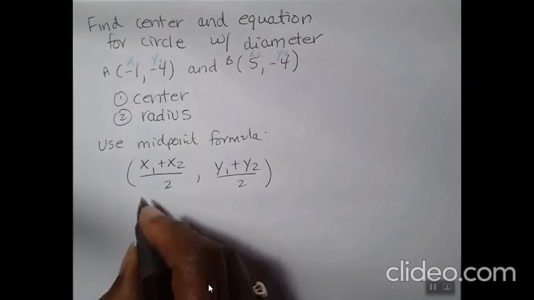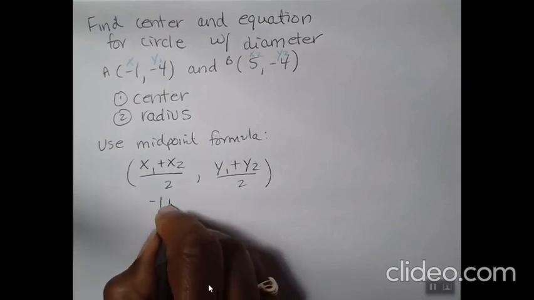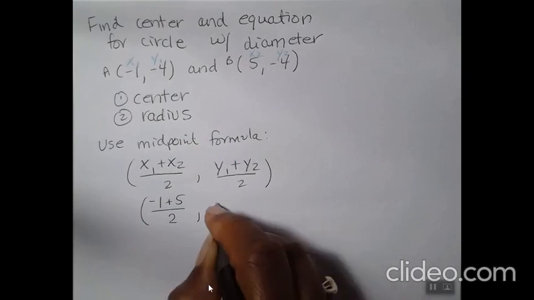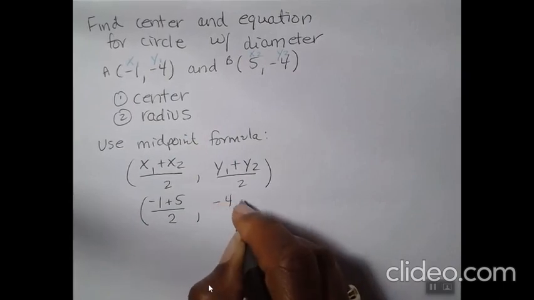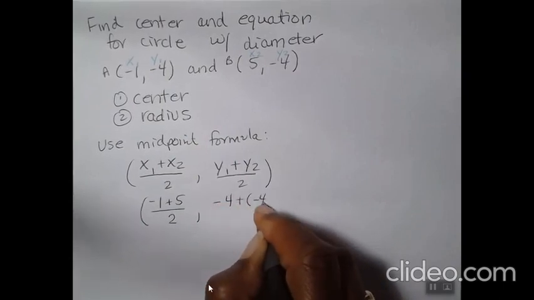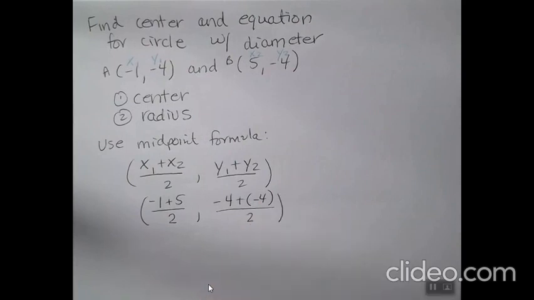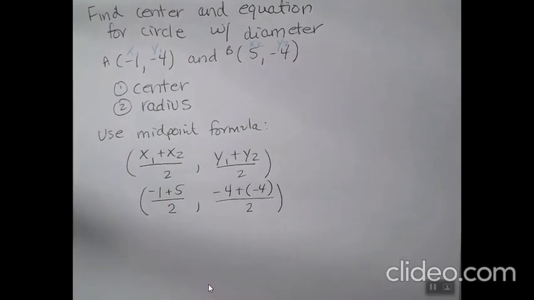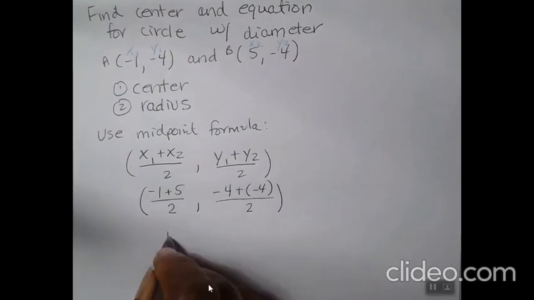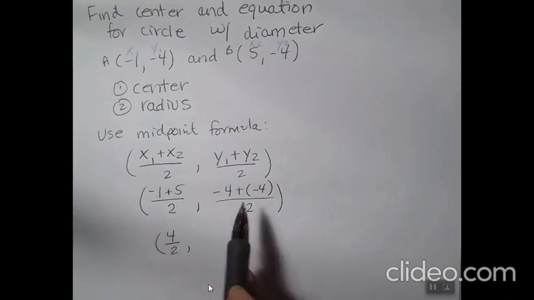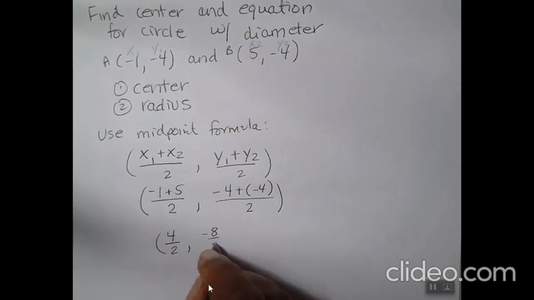So x1, -1 plus 5 all over 2. And -4 plus -4, this is y1 and y2, all over 2. So -1 plus 5 is 4 over 2, comma, -8 over 2.